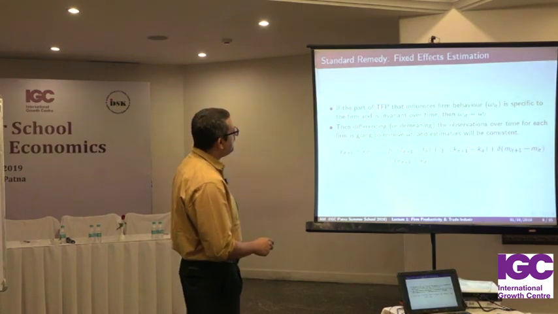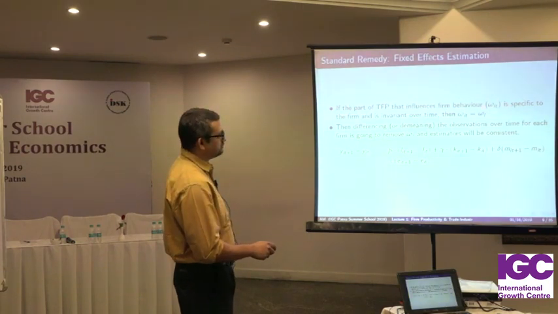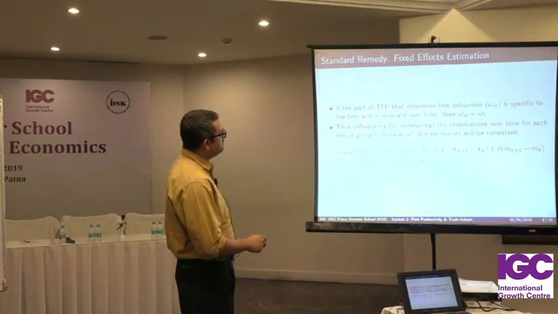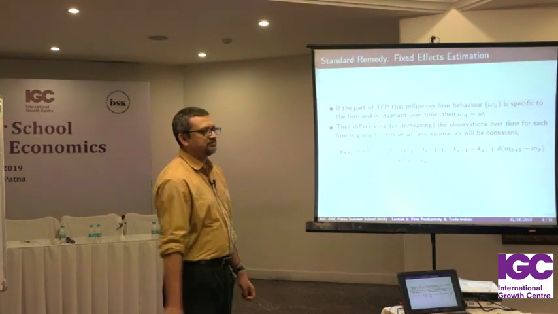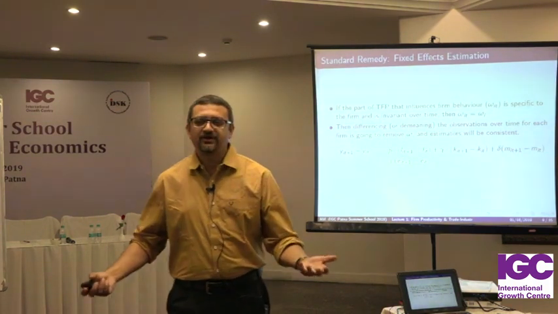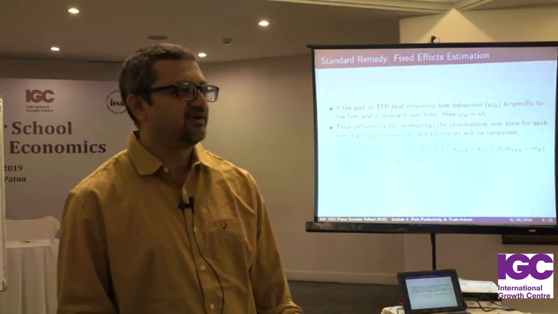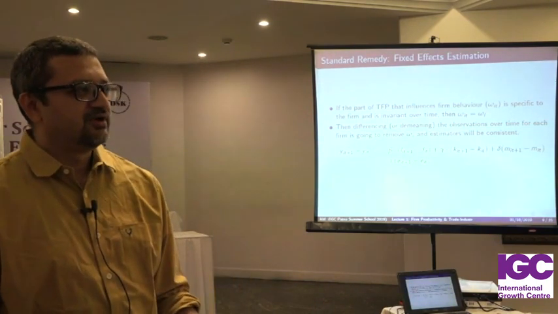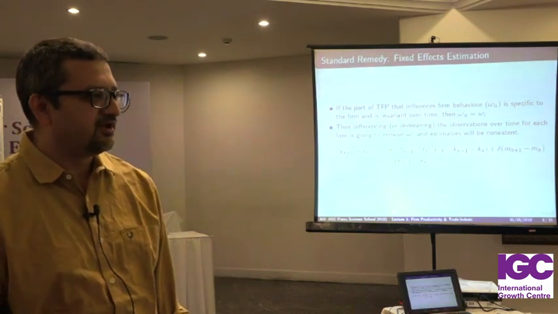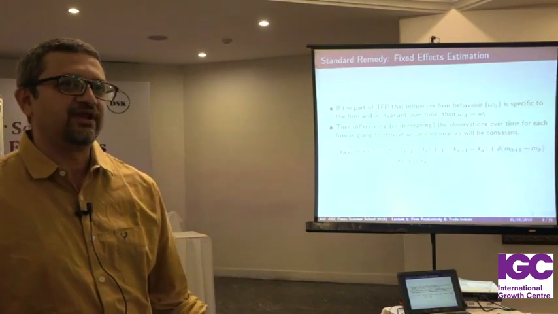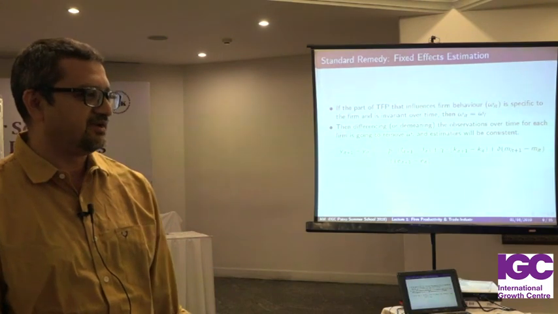Let's say there's a part of TFP, that's omega, that is specific to the firm and is invariant over time. The firm knows that it is good. For you, it's just some data point. So the firm knows it's good, and decides its inputs accordingly. You as an econometrician have no idea, it's some firm ID number in your data set.